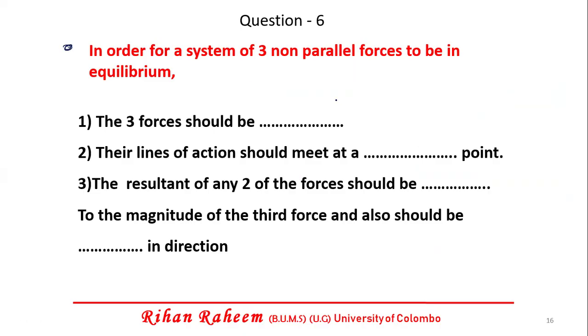Okay, in order for a system of three non-parallel forces to be in equilibrium. If you look at three non-parallel forces in equilibrium, it's something like this. This is the weight of the object, and these are the two forces which are holding the object. Or else there is another situation, the handbag situation, or hanging a picture frame with one string.